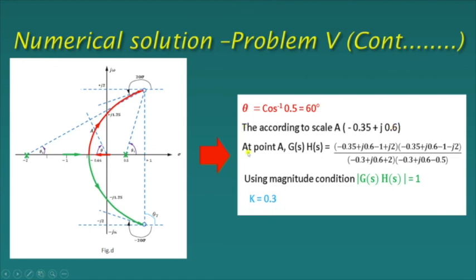Then put this value of s into G(s)H(s). Then taking the magnitude condition, that means mod of this equal to 1. Then find K. So K equal to 0.3.